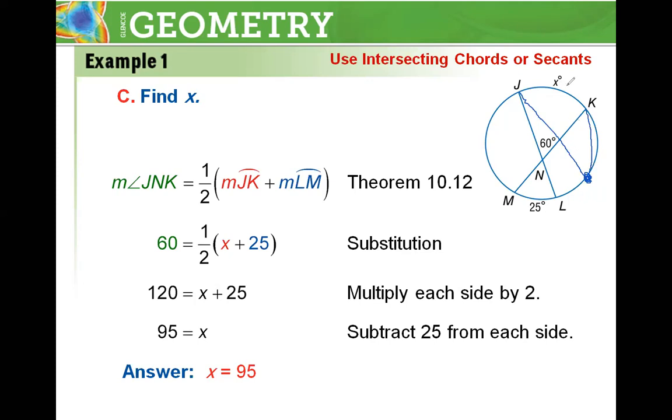So if we get, for example, 95, this will be 47.5. But Mazen, there is a big difference between this angle and this angle. This angle's vertex is inside the circle, but this angle's vertex is on the curve, or on the circumference. I'm talking about the first theorem that angle 60 is half the arc JK.